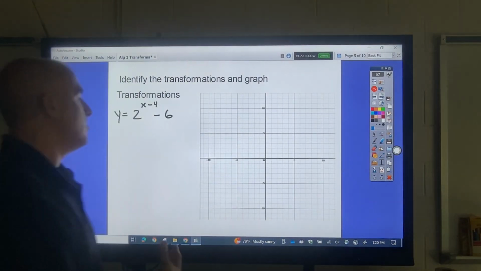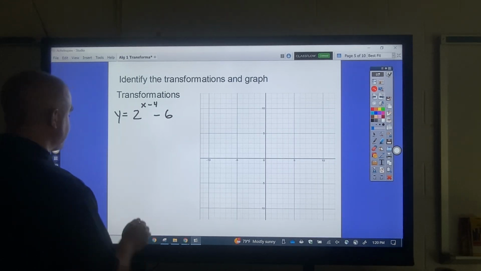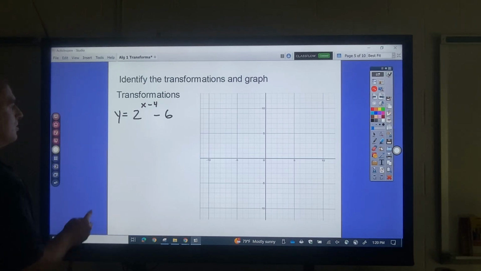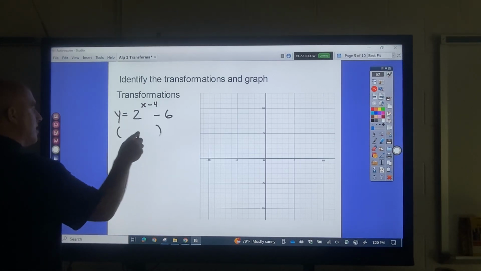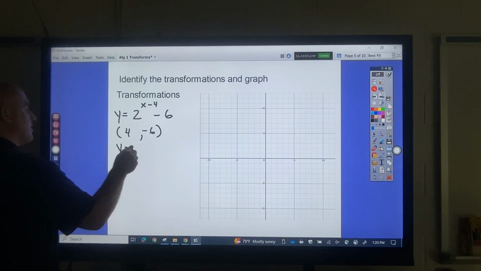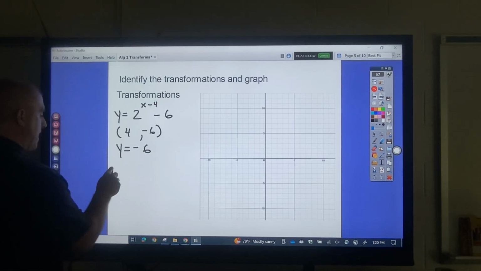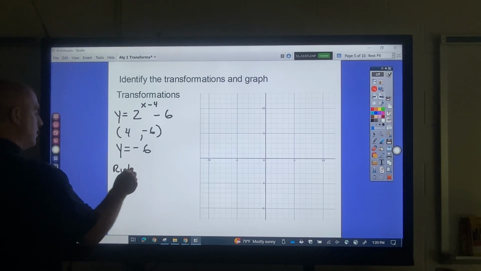Now, we want to identify the transformations and graph it. So here's what I'm going to do. My point here is 4, -6. I've got a horizontal asymptote at y equals -6. How would I graph that point? Right 4, down 6.